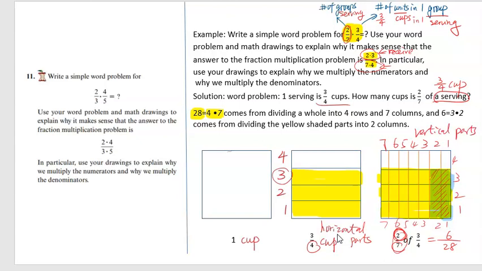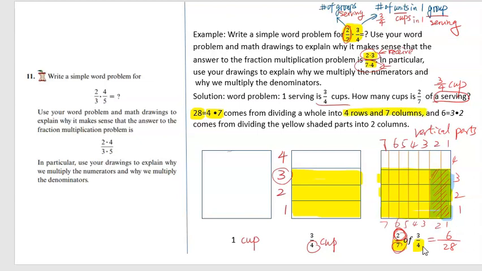You can say rows and columns. So in order to figure out the total number of parts in the whole, we have to count the total number of rows and total number of columns. So that's the bottom, the denominator. So we have 4 rows times 7 columns, which gives us 7 times 4, that's 28. So the denominator 28 comes from 4 times 7, from dividing a whole into 4 rows and 7 columns.